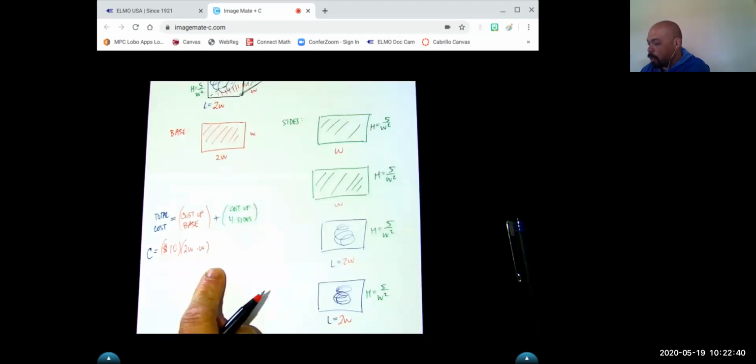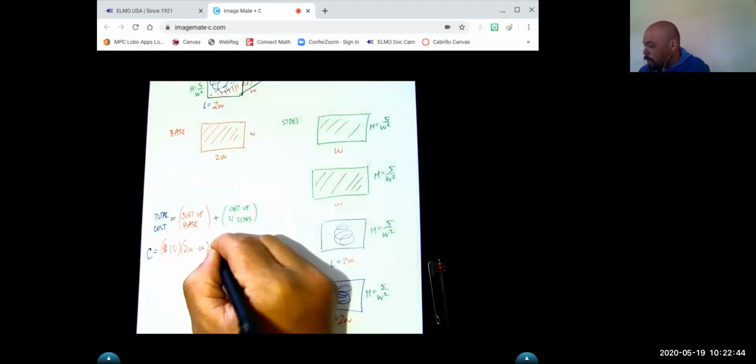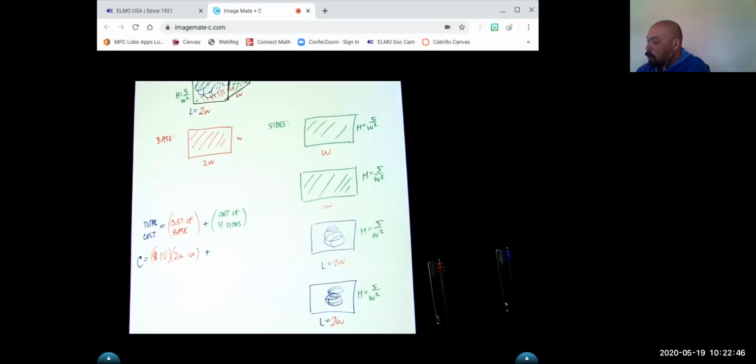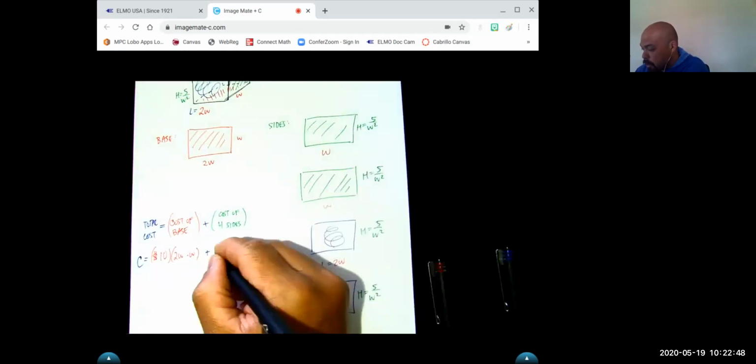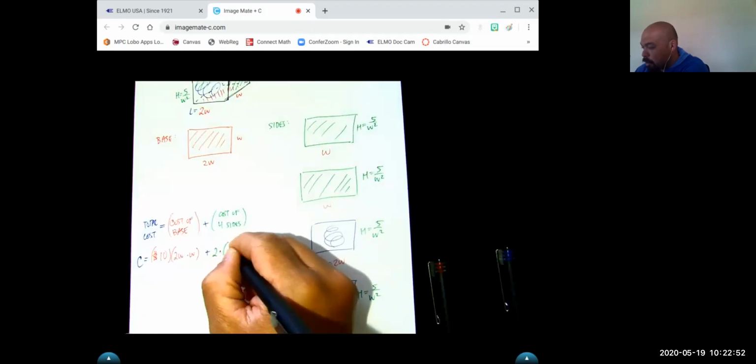The length times width, plus, and I'm going to need some more space here, for these 2 sides, there's 2 of them of $6.